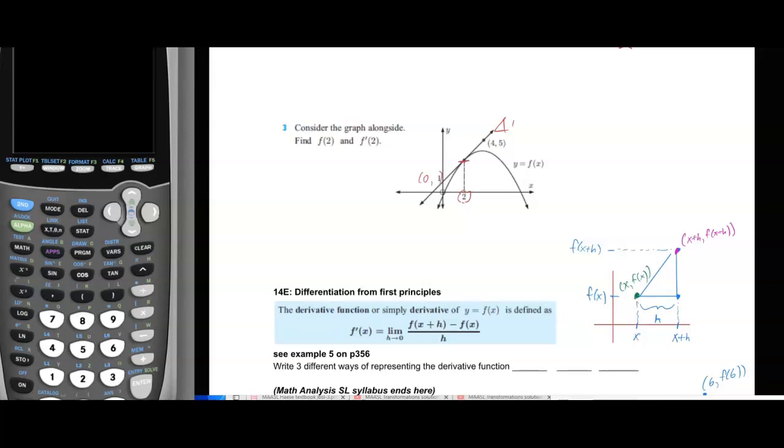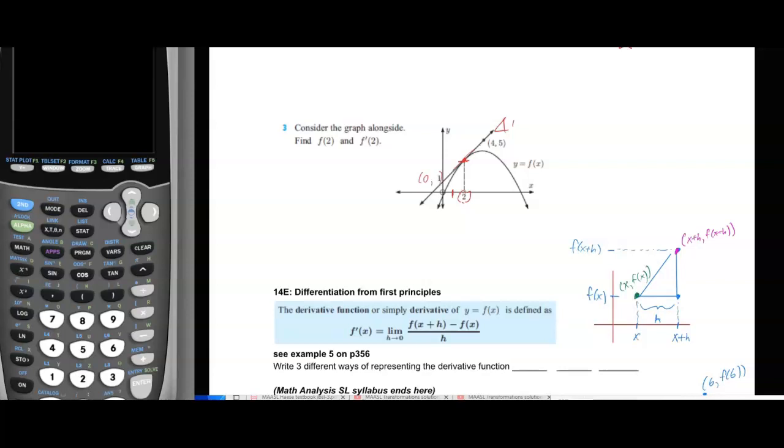So since we know that this tangent line that they drew for us is tangent to the curve at x equals 2, we know that the height of this line at x equals 2 is the y value we're looking for. So let's see. The height at 0 is 1.